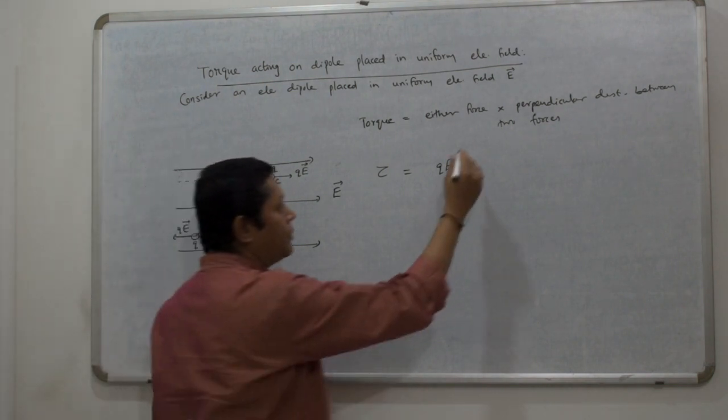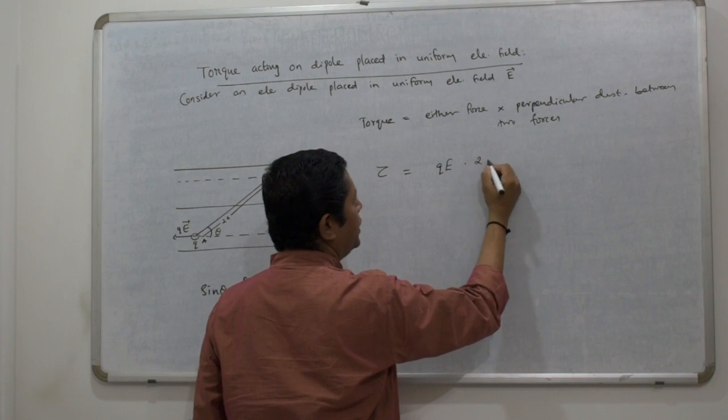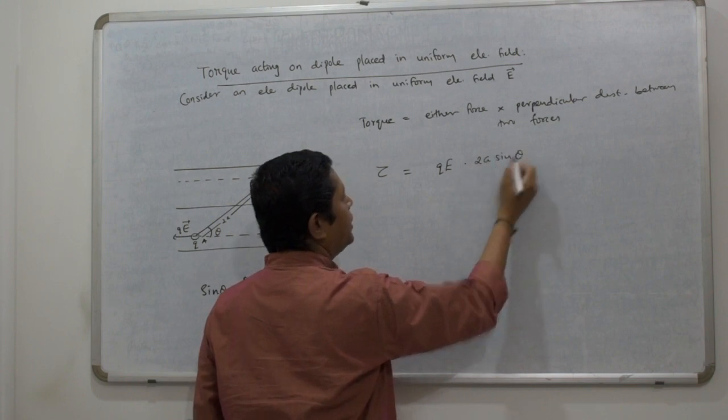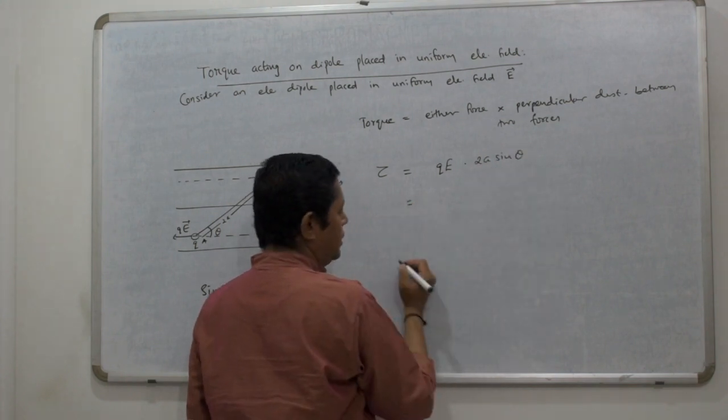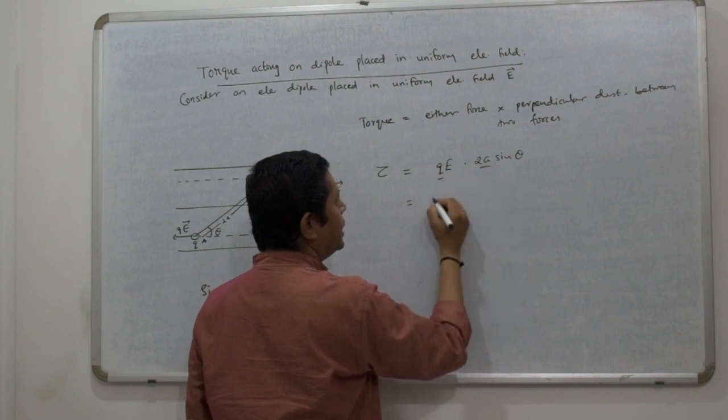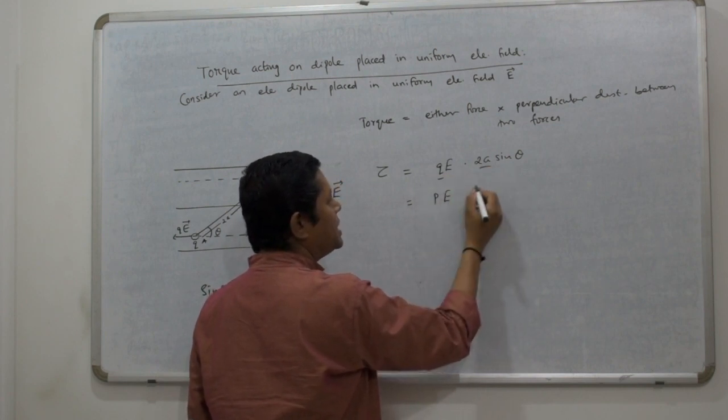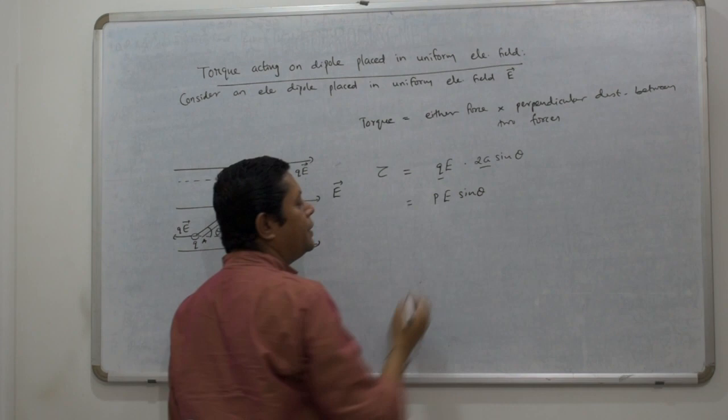So you can write the equation of torque as qE into 2a sin theta. Here q into 2a is nothing but the dipole moment p, into the electric field E, into sin theta.